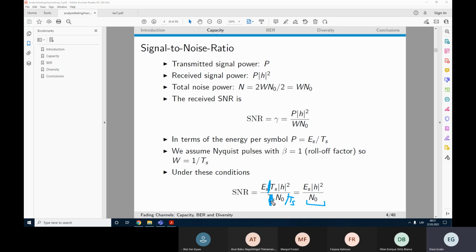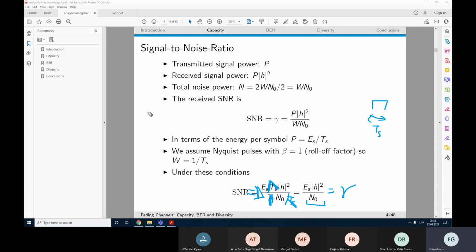This gives us a chance to factor out the symbol duration of our one pulse. Accordingly, we are left with this expression: the energy of the symbol divided by the energy of the noise in 1 hertz. This is another way to calculate the signal-to-noise ratio, which happens to be gamma, not really SNR.